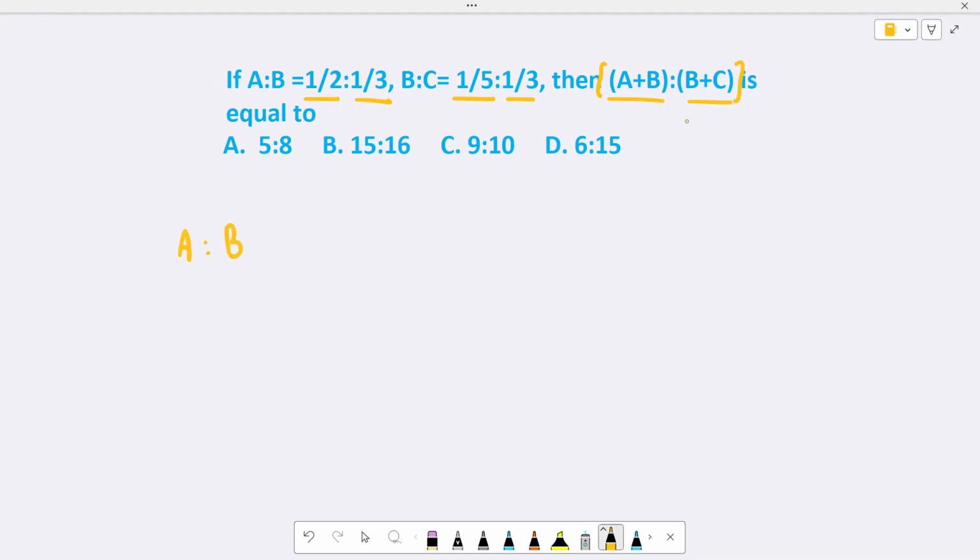For example, A ratio B gives us 1 upon 2 ratio 1 upon 3. Then B ratio C gives us 1 upon 5 ratio 1 upon 3. Now, since we know that here we are having fractions, and just in the previous video, we discussed the method as to how do we remove the denominator from these given fractions to simplify.